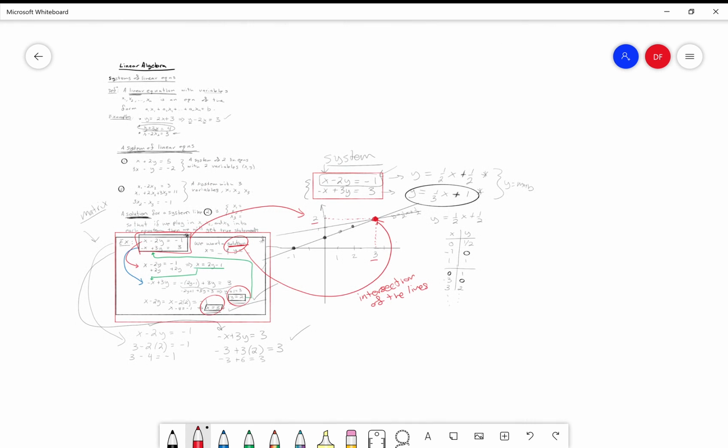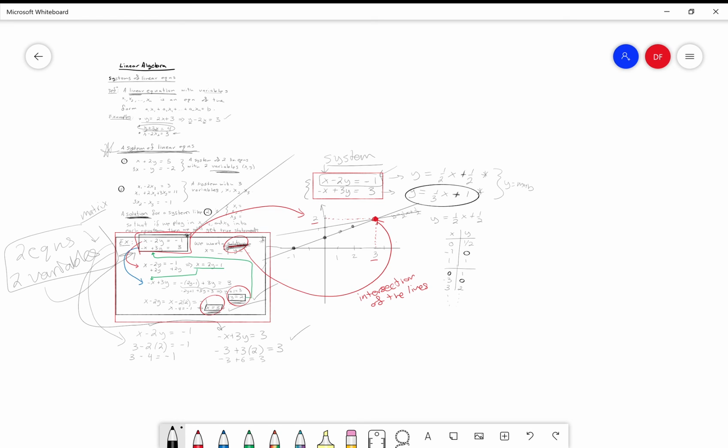Okay. So what have we learned so far? We've learned what is a system of linear equations. We learned what variables are. And we learned if we have a system of 2 equations and 2 variables, like this one right here, then we can find a solution by finding a y and an x that will work for both of them.